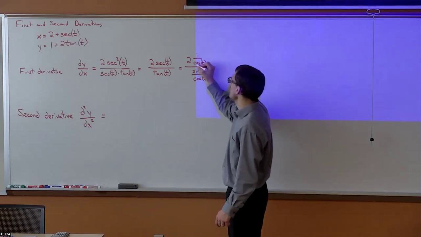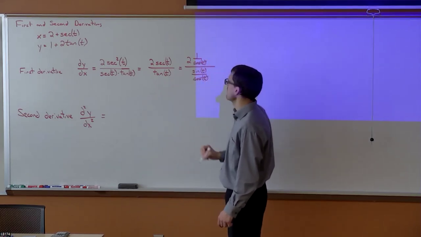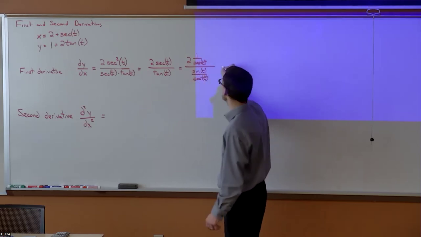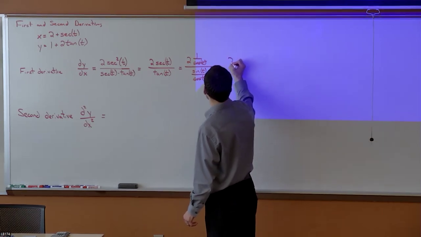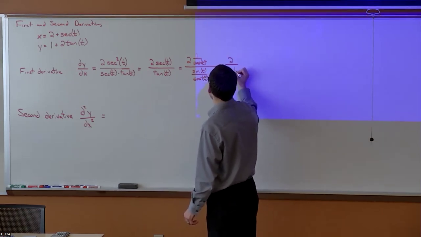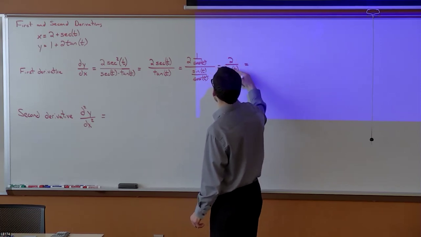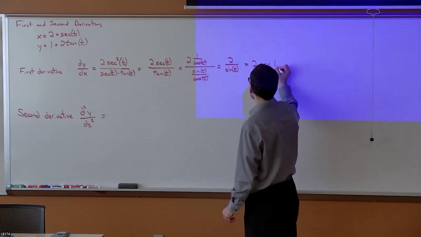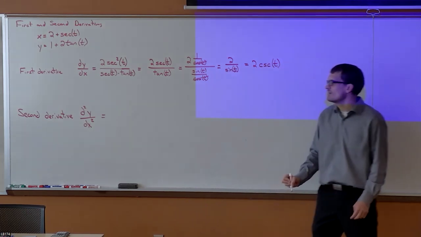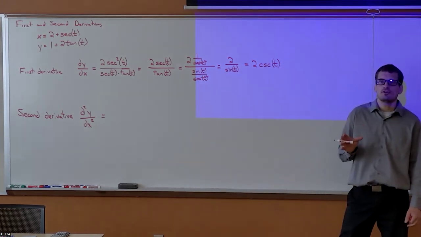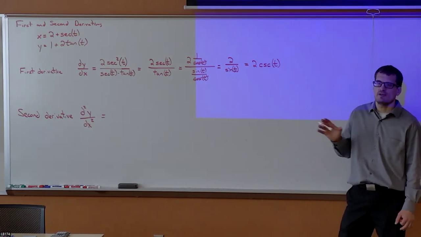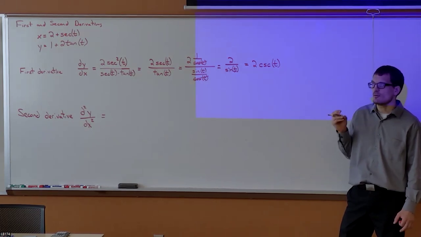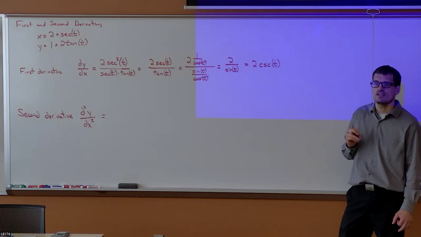So the short of it is cosines are going to cancel out. And you're going to get on top 2 divided by on bottom sine. One over sine is cosecant. So if we're willing to use our understanding of basic trig functions and canceling things out, this will simplify down to 2 times cosecant of t.